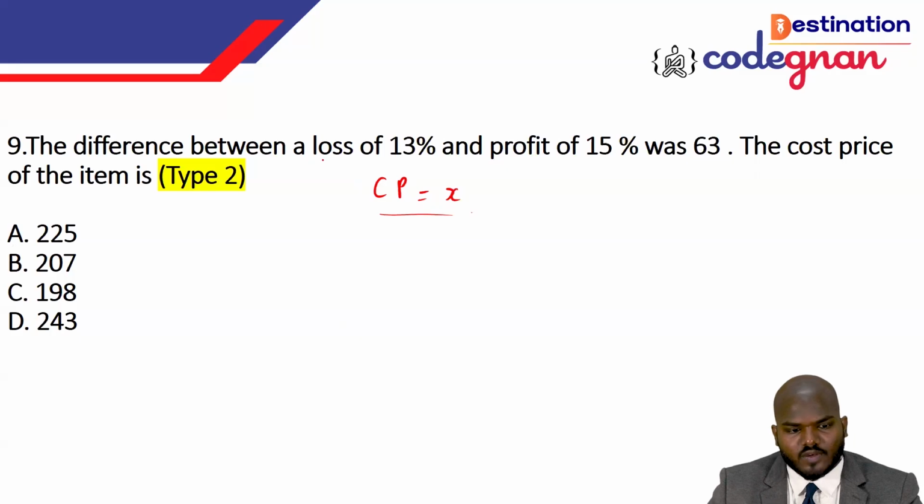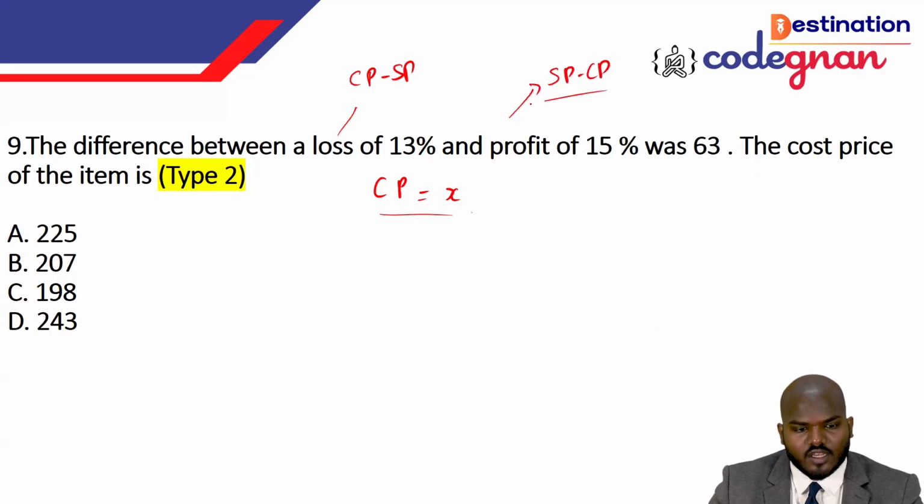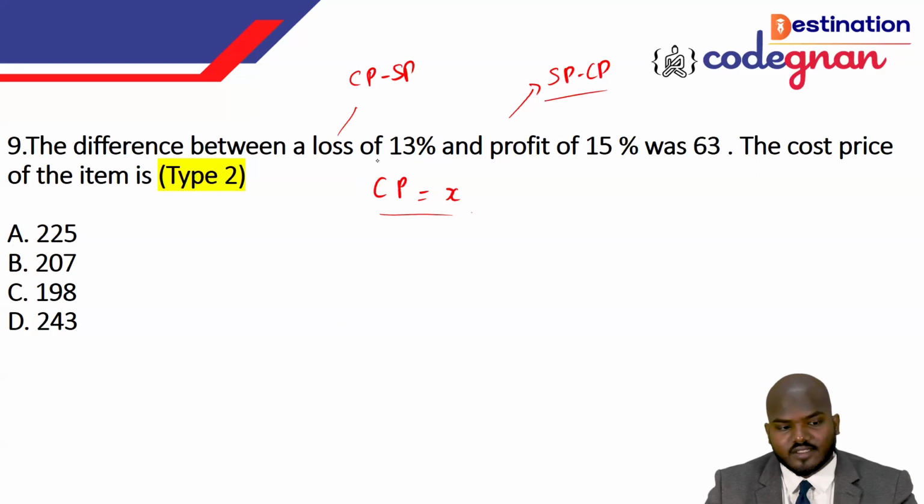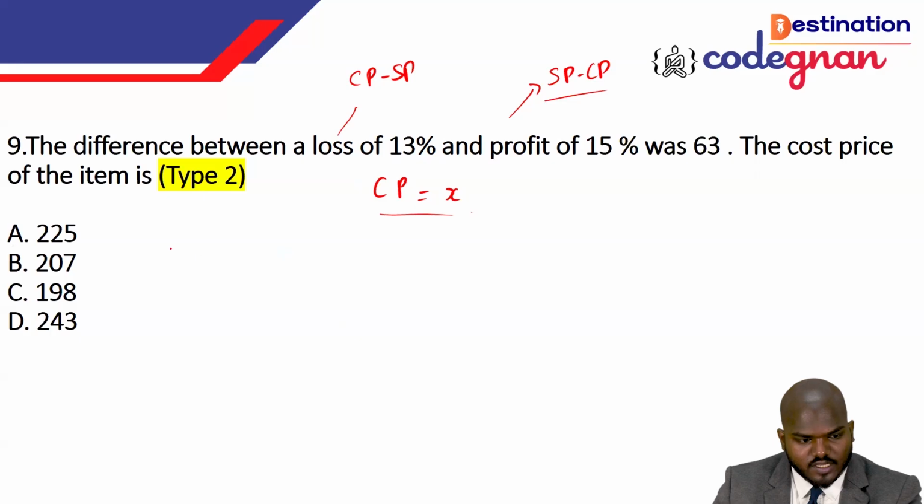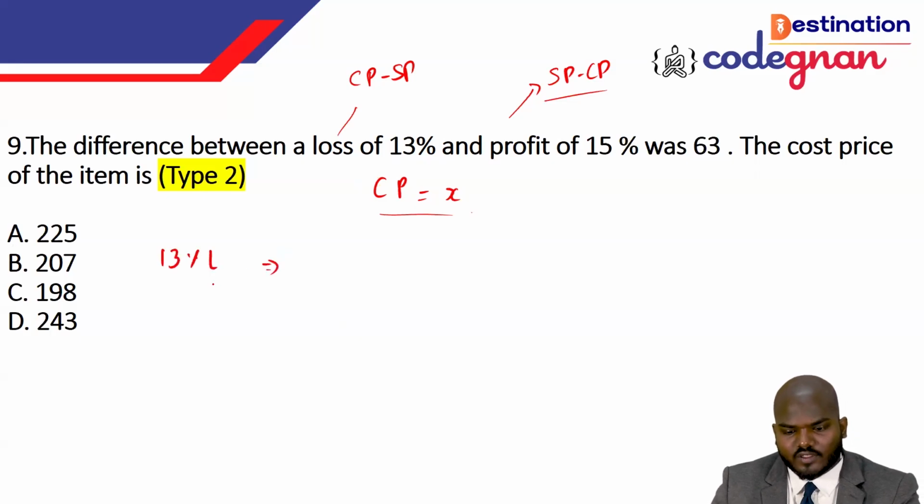There is a difference between the loss. Loss has a different formula, that is CP minus SP, and profit is equal to SP minus CP. Then you need to find these two things individually, then you can proceed. First, I'll go with the 13 percentage loss.